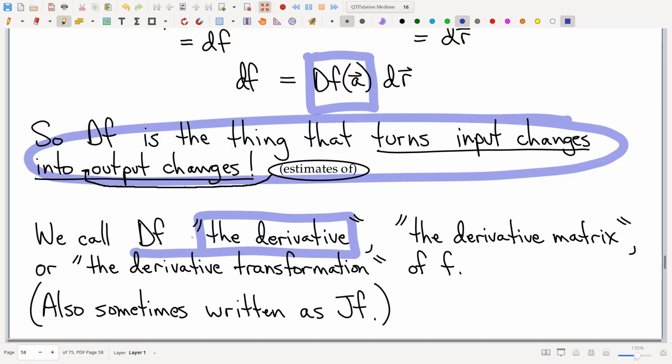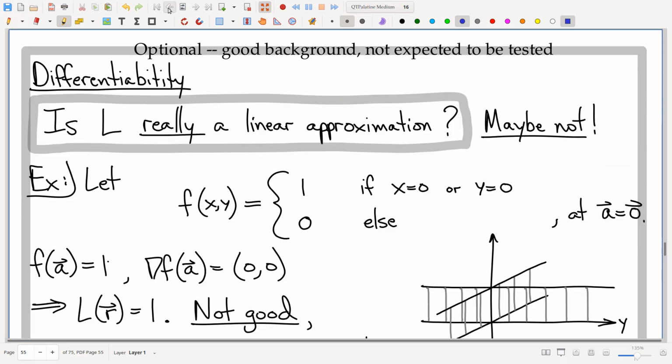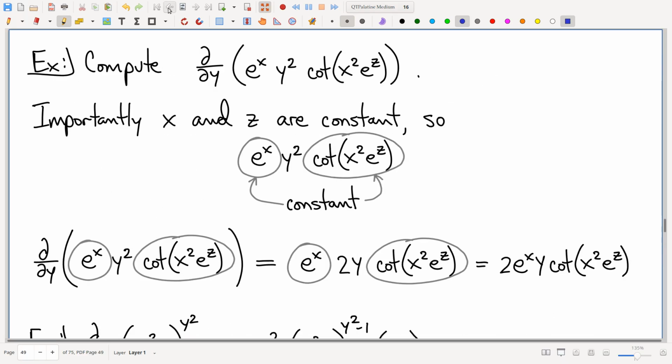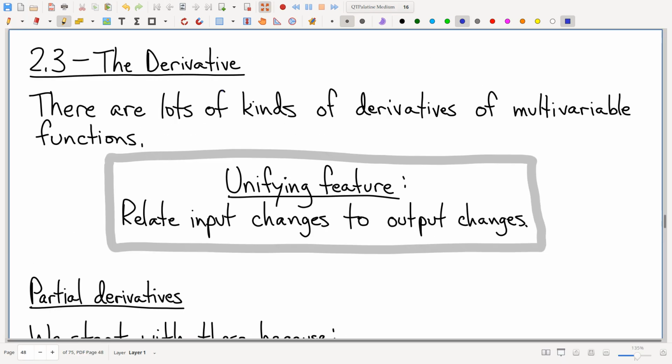So this is the more general idea of a derivative, and again, when you leave this class, you remember how I was saying. In fact, let me go back a few pages here because I think this is important. Derivatives in multivariable calculus all have this feature.